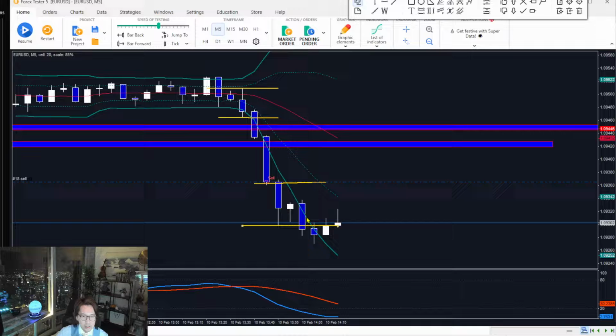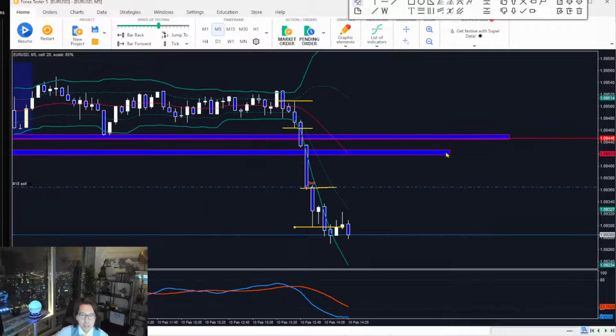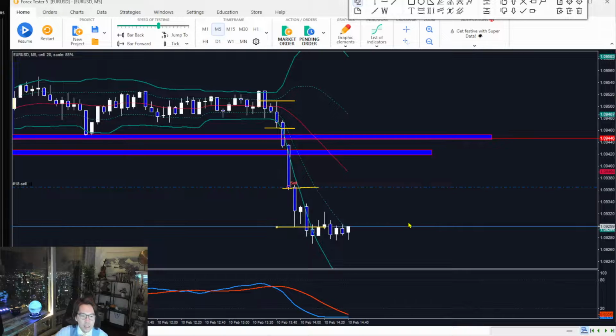Okay, so then the market starts to retrace and consolidate. Now I see a potential breakout. So let me continue to run the chart. Okay, so now this is a range.